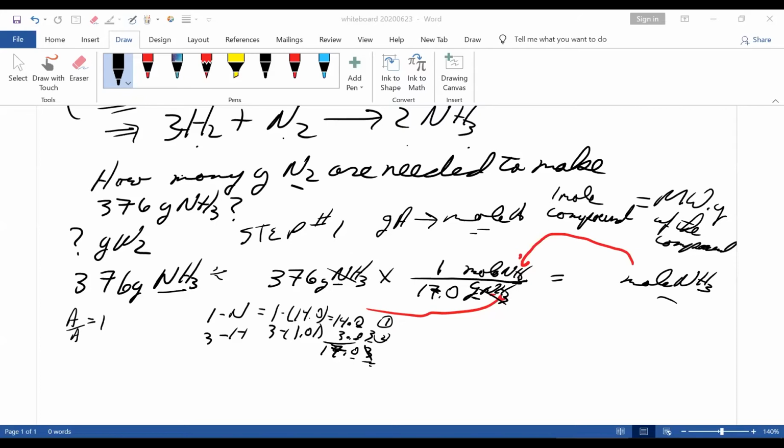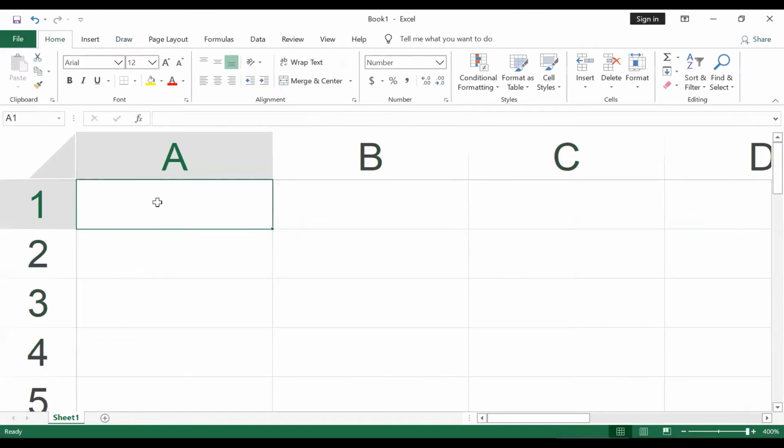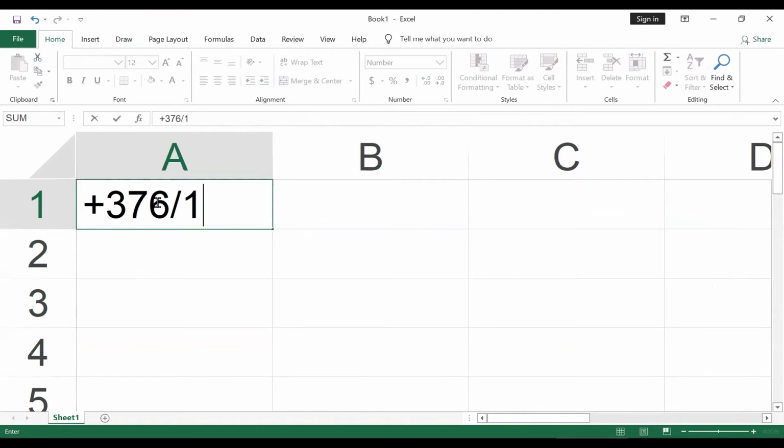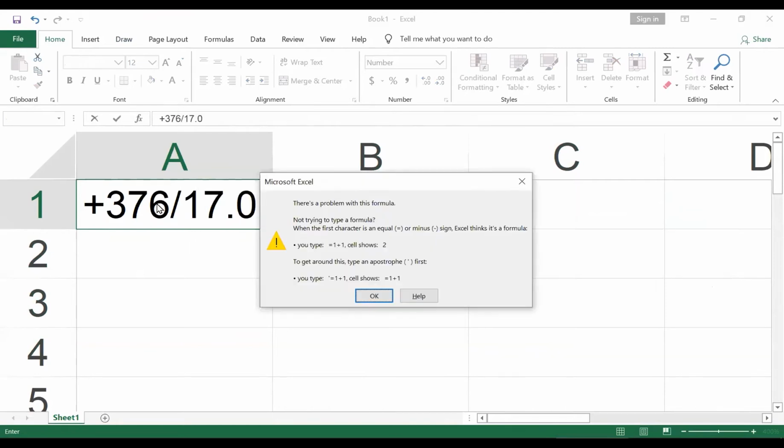I thought I had it saved somewhere. I'm formatting cells now. And now we come here and we say 376 divided by 17.0.